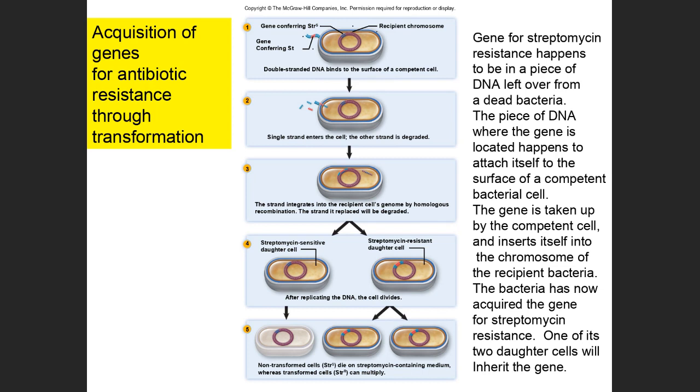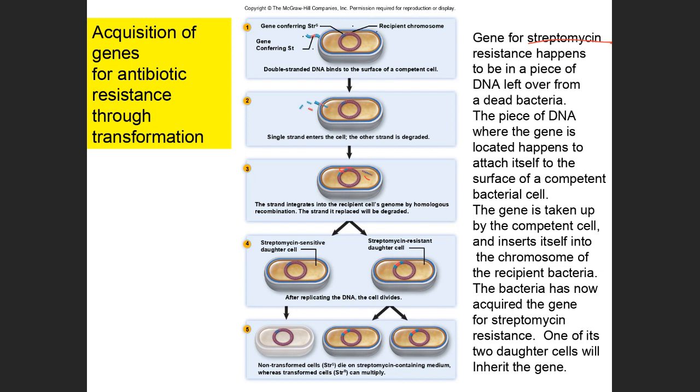In Streptococcus, the gene for streptomycin resistance, for example, happens to be acquired through competency. We kind of figured that out. One of the things that happens is that the DNA that goes in is single-stranded DNA. So it goes into the cell, and DNA polymerase immediately takes it and makes the double strand, and then the gene inserts itself into the chromosomal DNA.